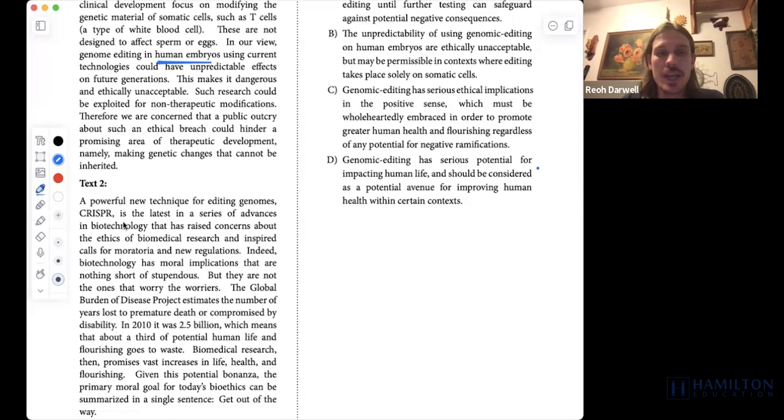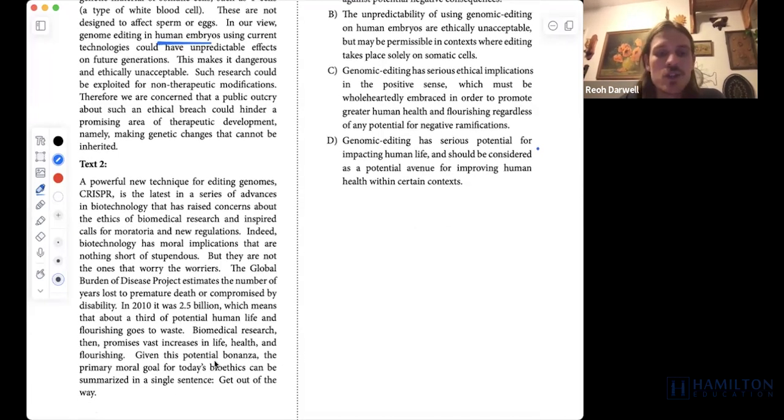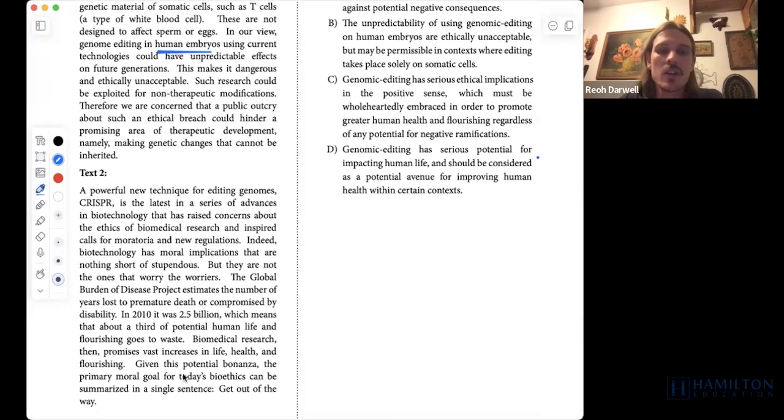Text 2 talks about the moral concerns or the moral implications of biotechnology, but in the positive sense, right? It is saying that we should use biotechnology to improve human flourishing.